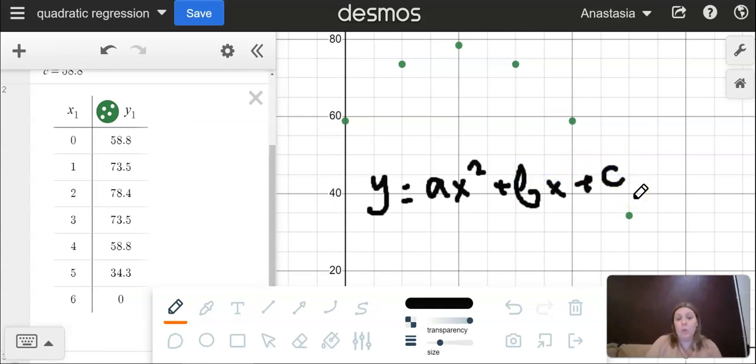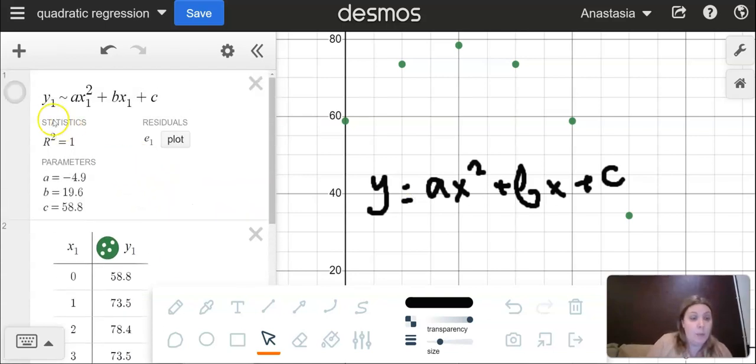I can also input that into Desmos, only instead of x and y, I would have to reference x1 and y1. And of course, instead of the equal sign, because we're trying to find an approximate model, we use that little tilde, the curly thing.